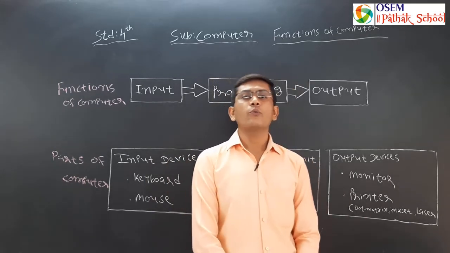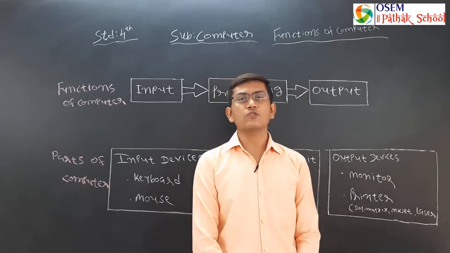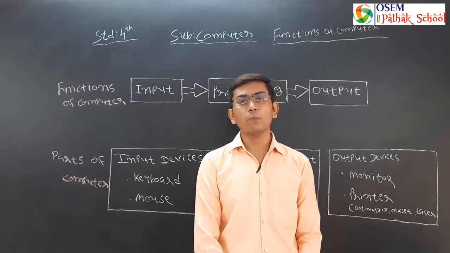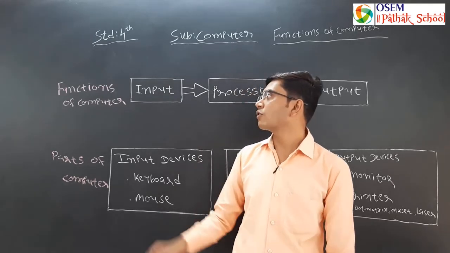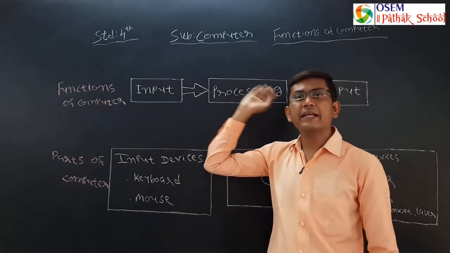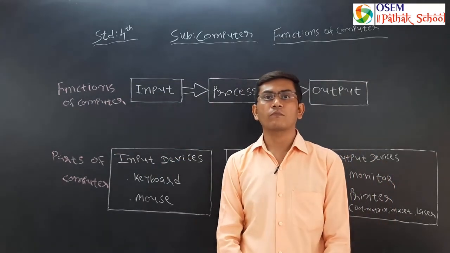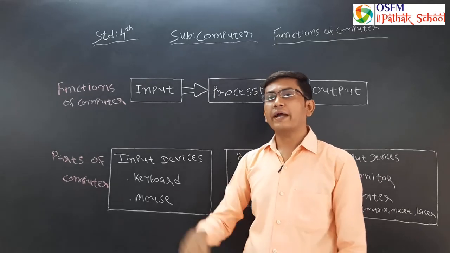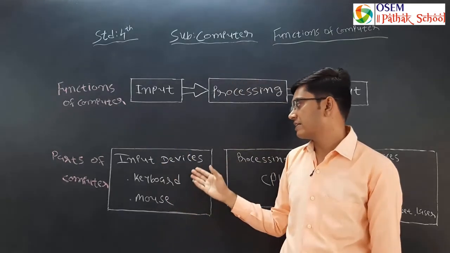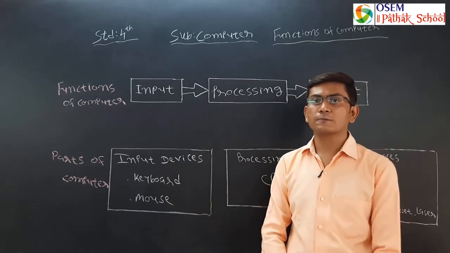In short, we can say these are all parts of the computer, and the computer uses all these parts to perform the functions, that is input, processing and output. To enter any data, we can use input devices, that is keyboard or mouse.